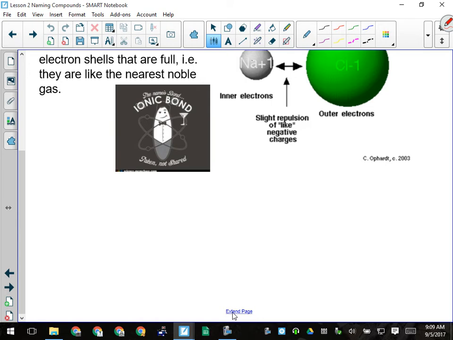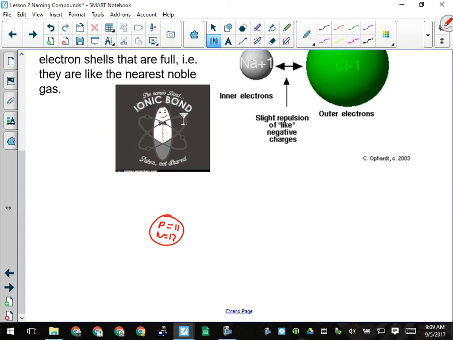If I look at a sodium atom, I'm just going to represent the nucleus with one big circle here. Sodium has 11 protons and 12 neutrons, so I'll write in here, protons equals 11, neutrons equals 12. And it has how many electrons? 11.